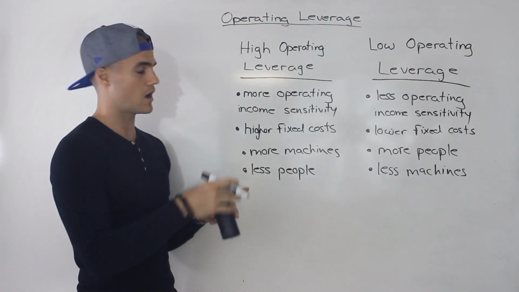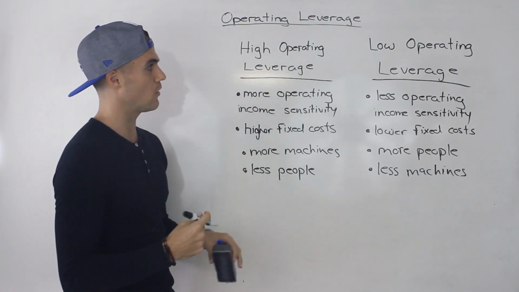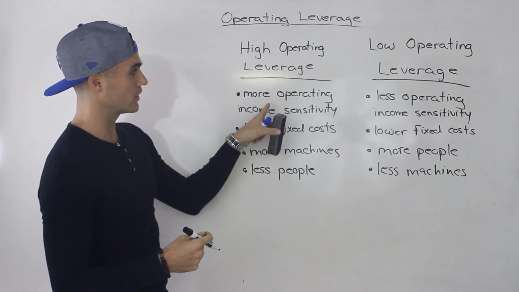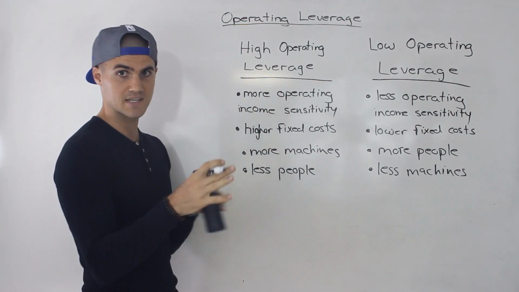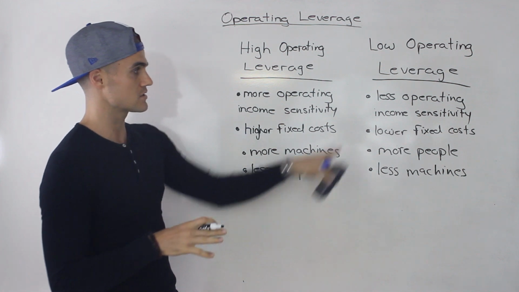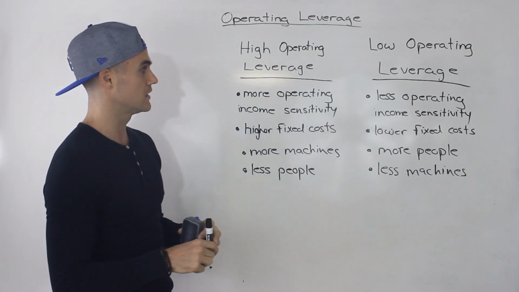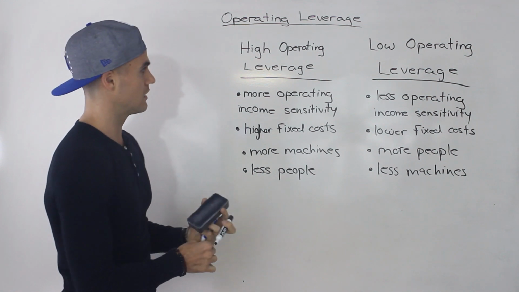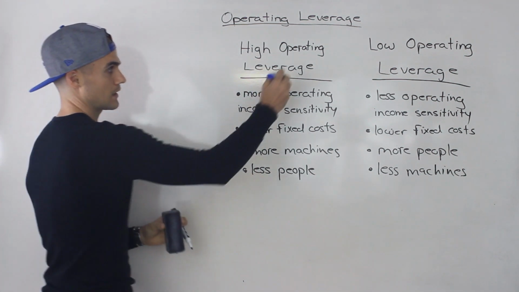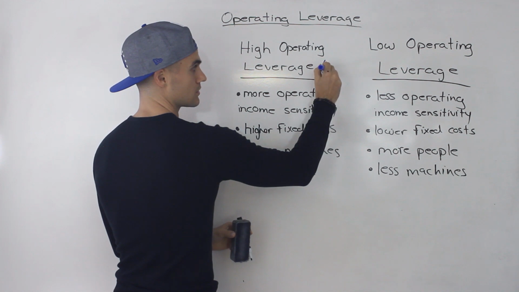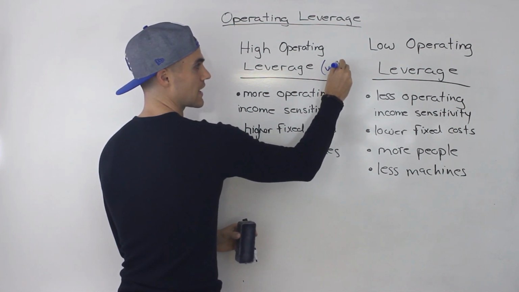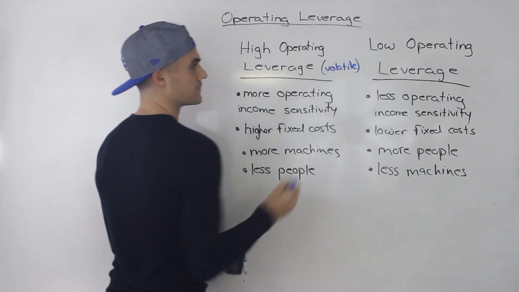So a quick summary of high operating leverage versus low operating leverage. High operating leverage, you're going to have more operating income sensitivity to changes in sales, versus here you're going to have less operating income sensitivity. So you could think of maybe even a high operating leverage as being more volatile. Right?